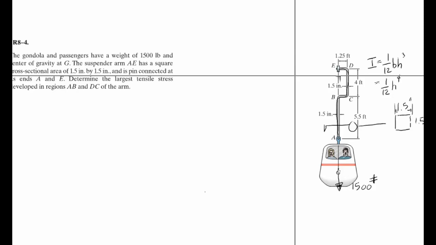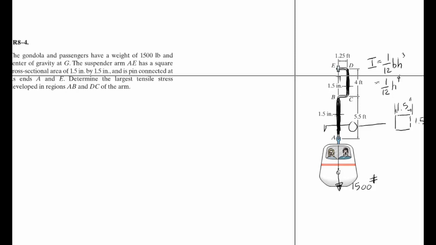Let's see. AB is right there, and DC is right there. This is going to be interesting because segment AB is really simple.